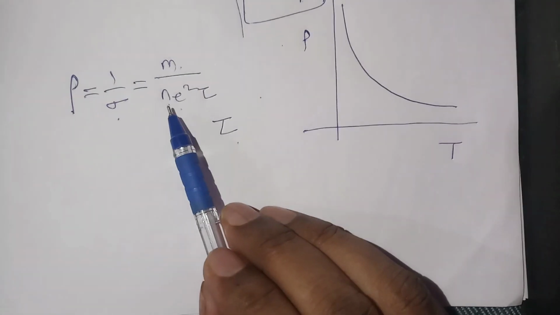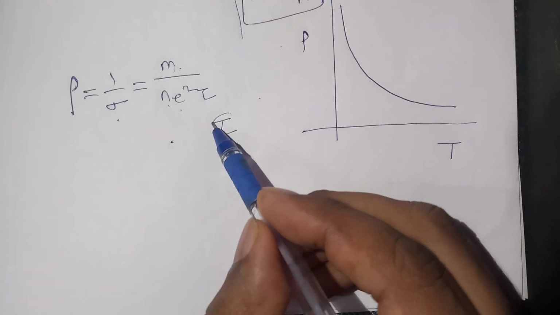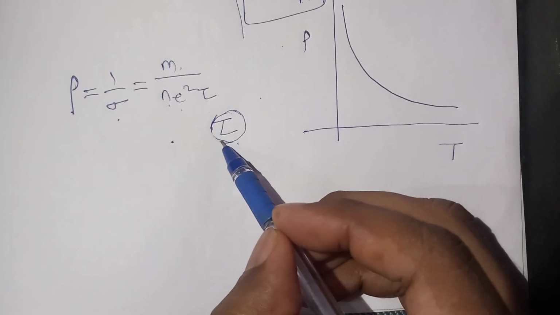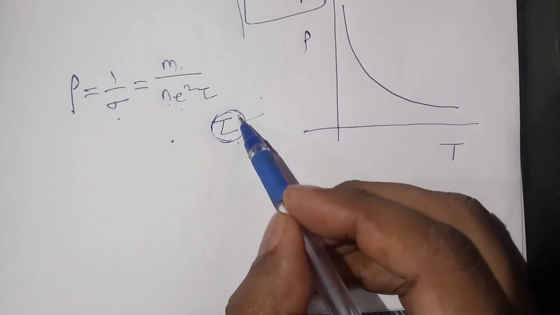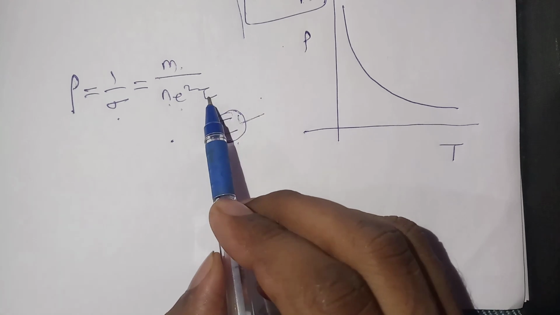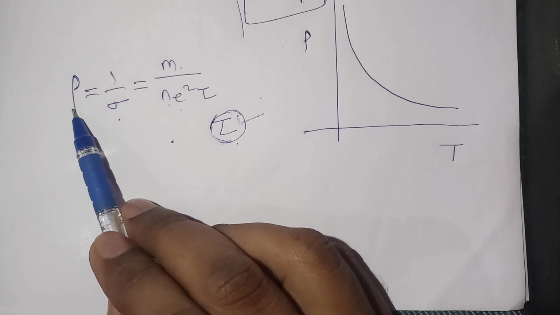But those electrons will not contribute towards conduction. Instead, they will make more and more collisions. When collisions become more, the time between two collisions will reduce. So this value will reduce, and once this value reduces, the resistivity increases. That's why in the case of conductors like copper, the resistivity increases.